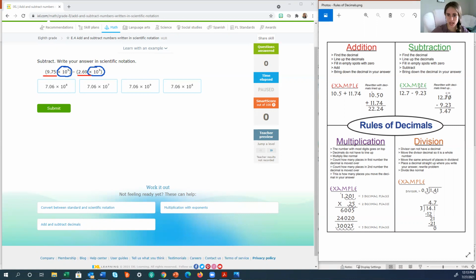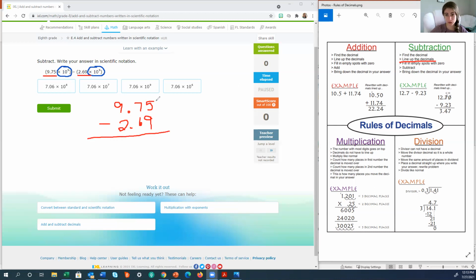All right, when we subtract, make sure you line up those decimal points. 9 and 75 hundredths minus 2 and 69 hundredths. These line up beautifully. I don't need to add any zeros as a placeholder.